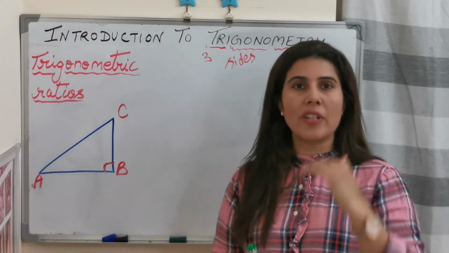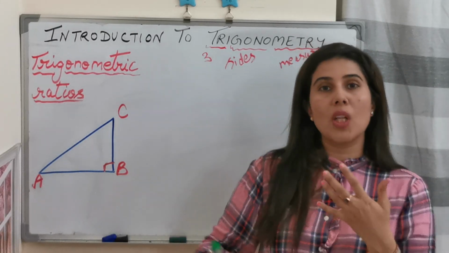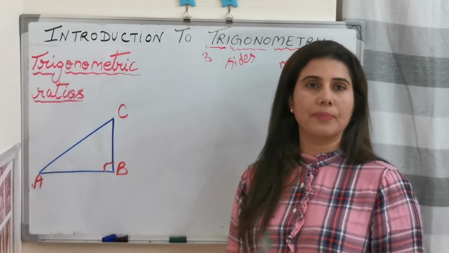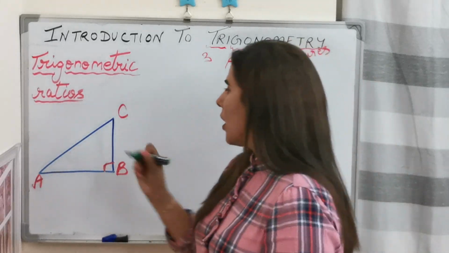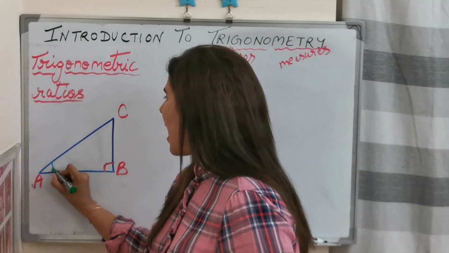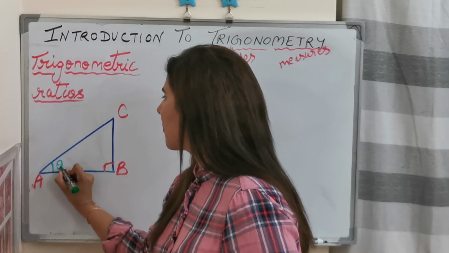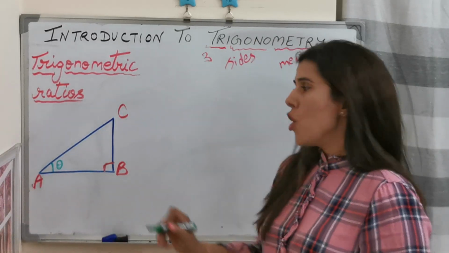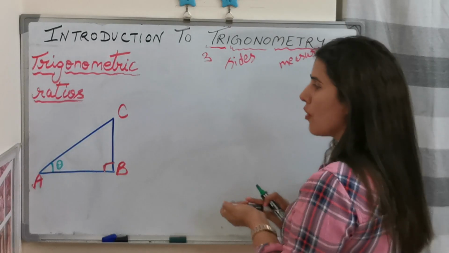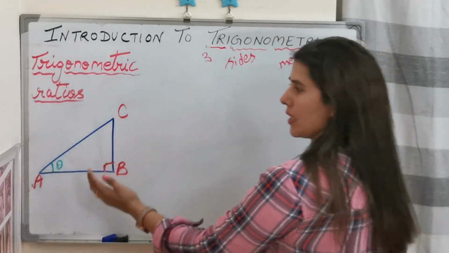So in the case of trigonometric ratios, we have to deal with the sides of the triangle. Here, if I am taking theta as say angle A, okay, so the name of BC will be opposite side.